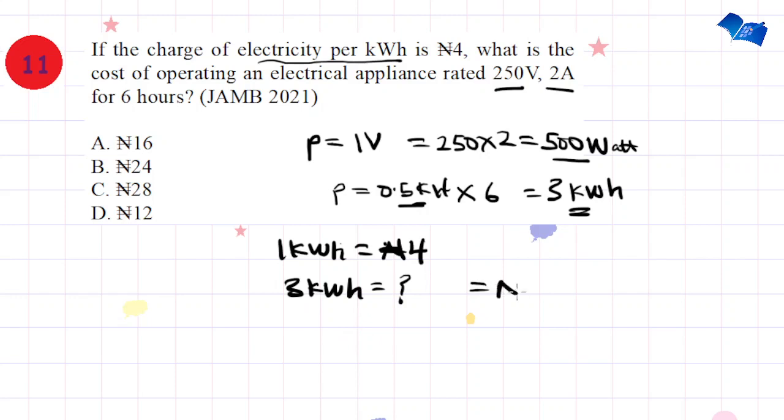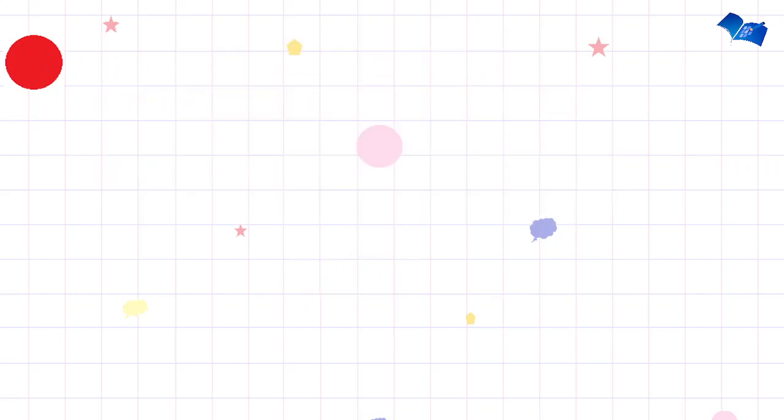So 3 kilowatt hour costs 12 naira, and this is option D. That's it, straight to the point. The first thing to do is get your power, which is 250 multiplied by the current, which gives 500. Convert that power into kilowatt by dividing by 1000, then multiply it by the number of hours given. Then use proportion: if 1 kilowatt hour costs 4 naira, then the kilowatt hour that you got should cost how much? That's straight to the point. Move on to the next question.